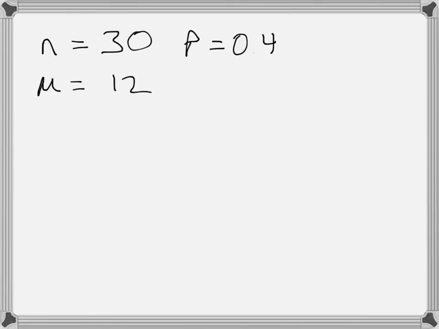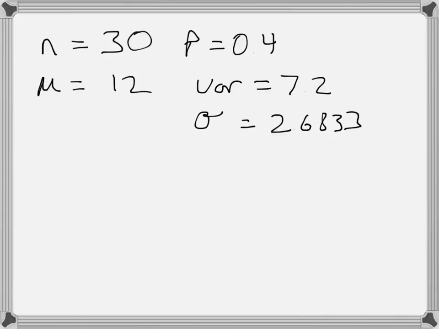So in this question, we're given a binomial distribution where n is 30 and p is 0.4. This means our mean is 12, our variance is 7.2, and our standard deviation is 2.6833.